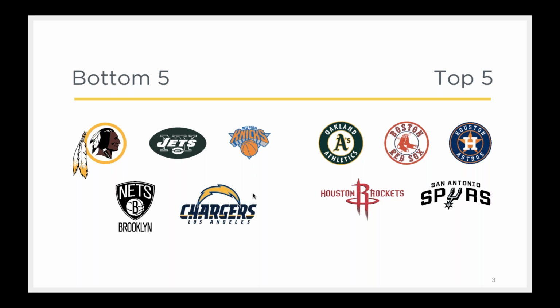The top five, for example, the Astros won their first World Series last year after reworking their franchise in just a few years using data. The Spurs are considered one of the best franchises in sports by many, despite being located in San Antonio, which is one of the smaller markets in professional sports.